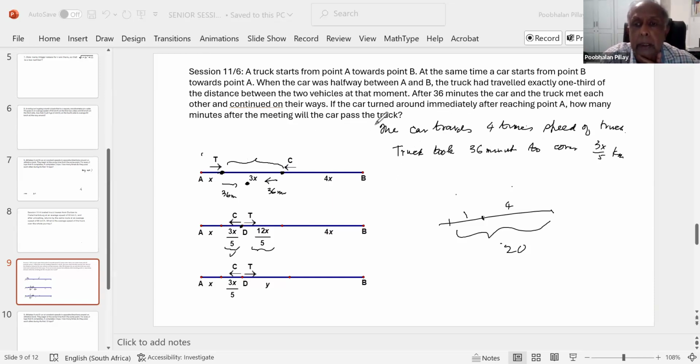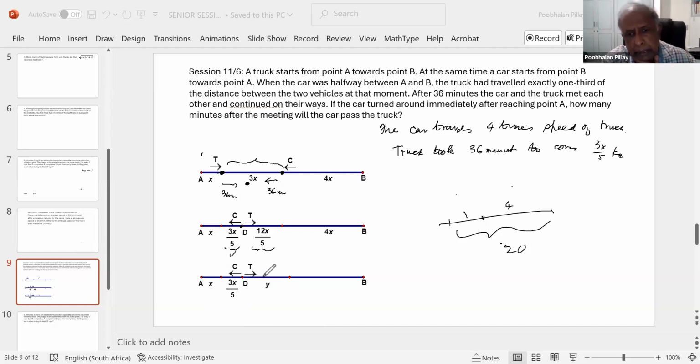Okay. Now, the car carried on, and it turned around immediately after reaching point A. So when they met here, the car went on and turned around.